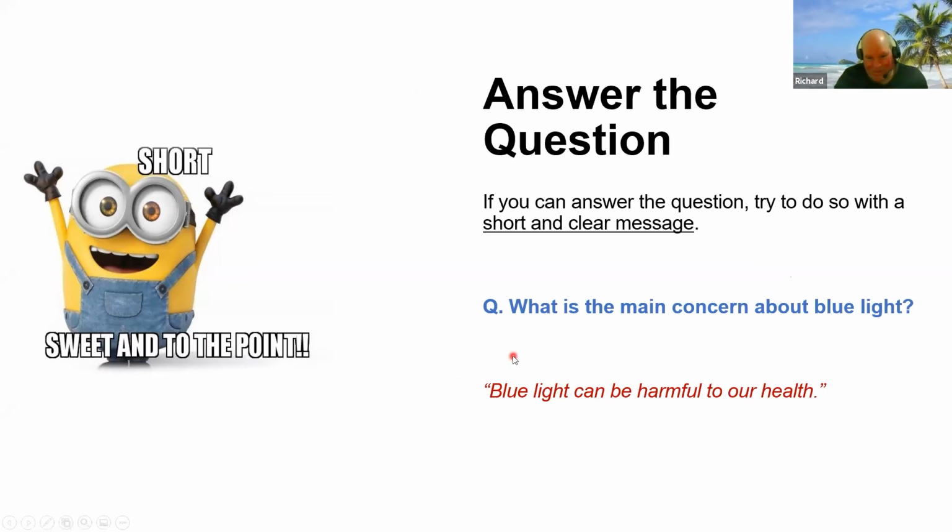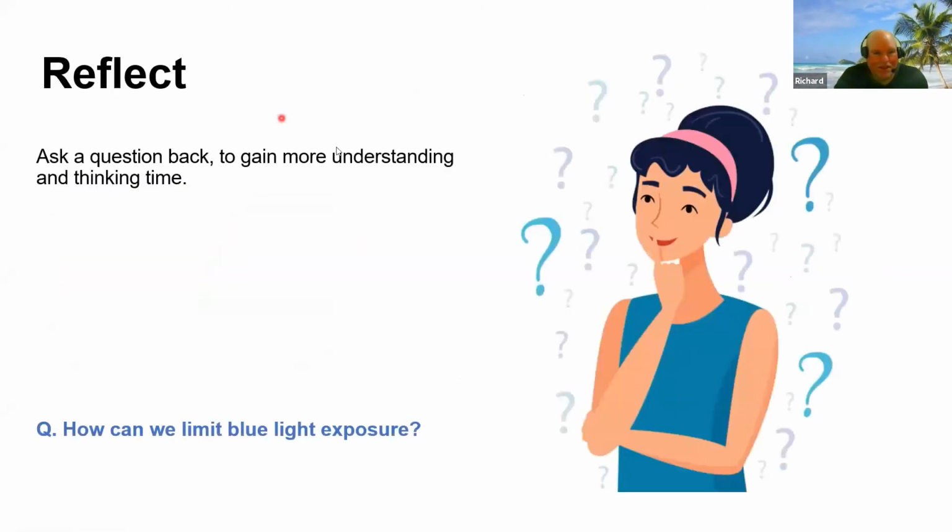All right, let's move on. Okay, reflect. Ask a question back to gain more understanding and thinking time. How do we get more thinking time? How can we limit blue light exposure?